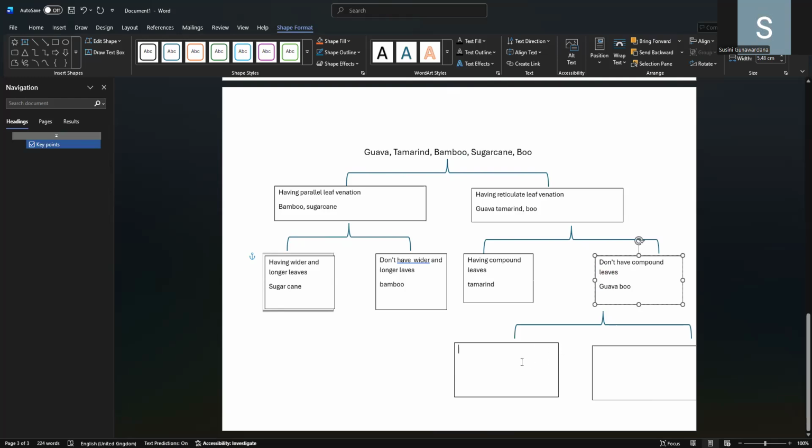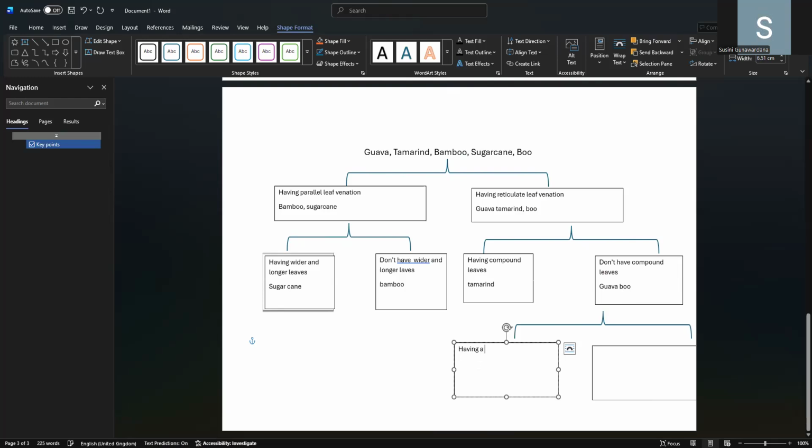If you think about the bo, you may have seen that the bo leaf has a very long, sharp tip. But in the case of guava, it is just a round shaped leaf. I'm taking that characteristic.